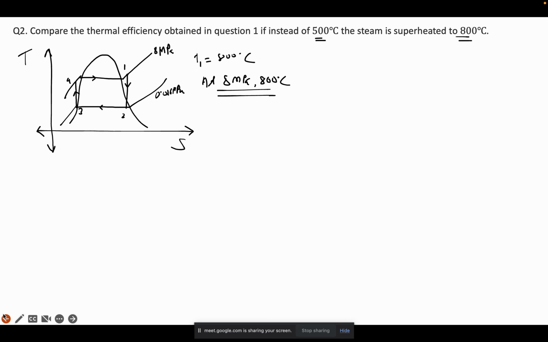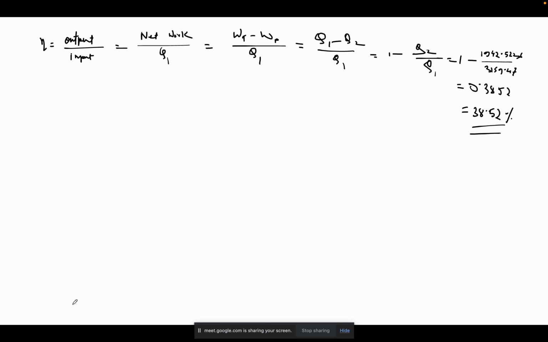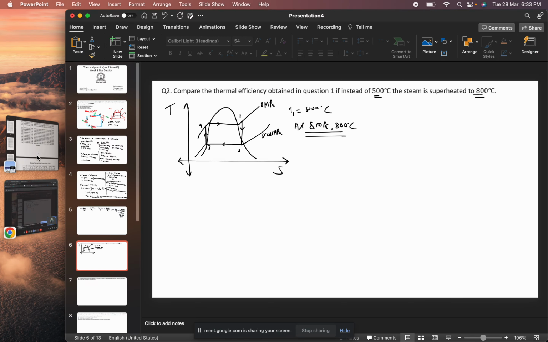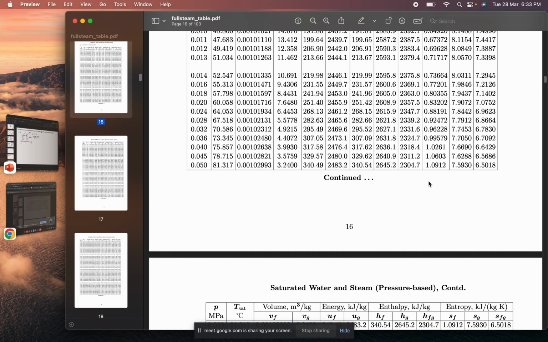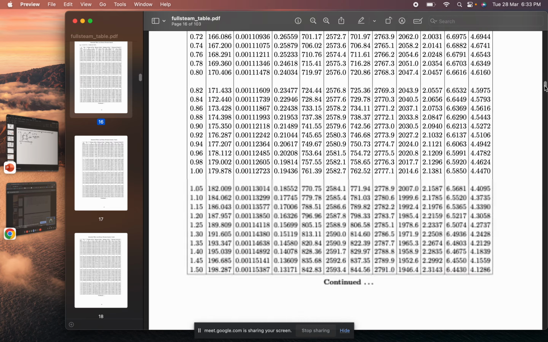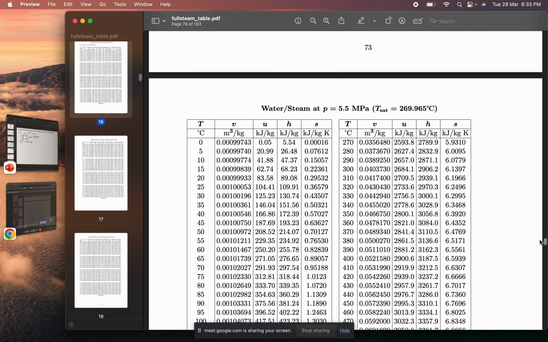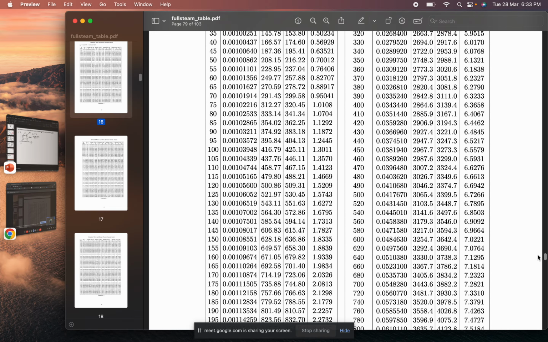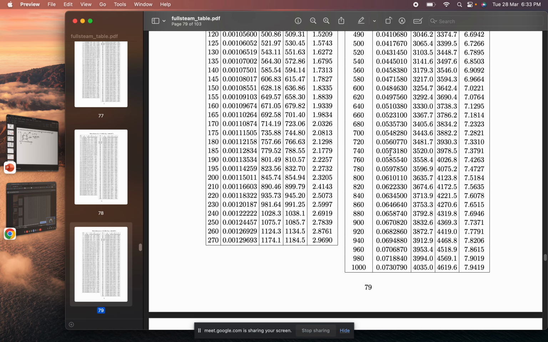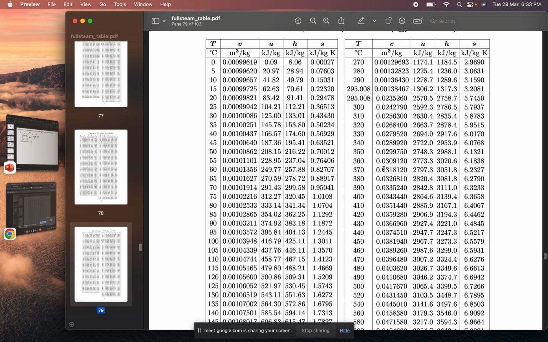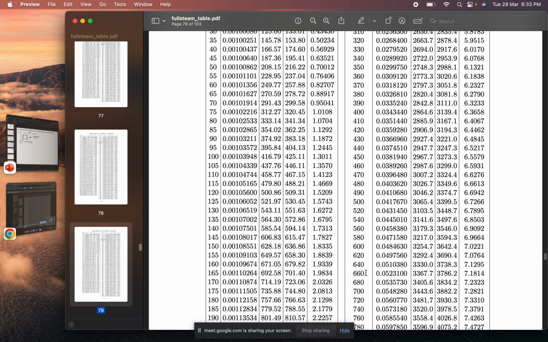Okay, so now I have to look at 8 megapascal and 800 degrees Celsius. Yes, got it. This is my 8 megapascal and this is my 800 degrees Celsius.